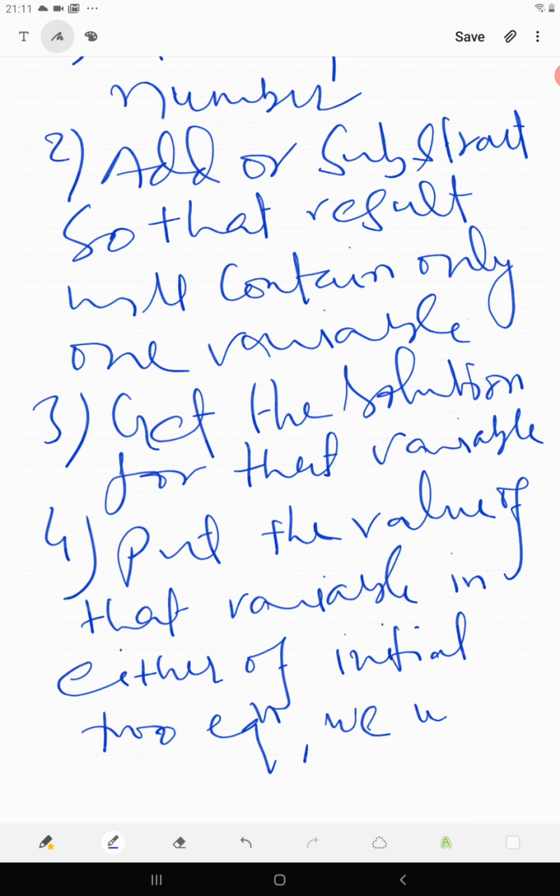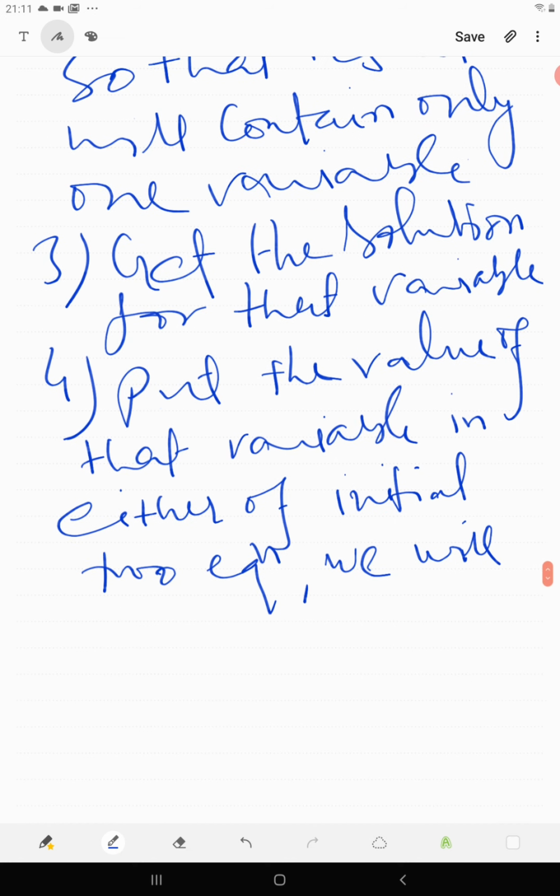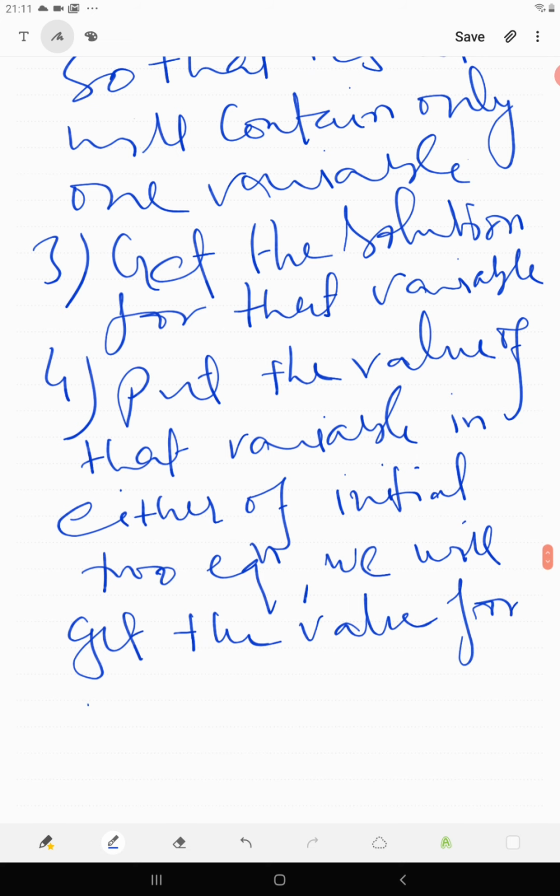We will get the value for the other variable also.